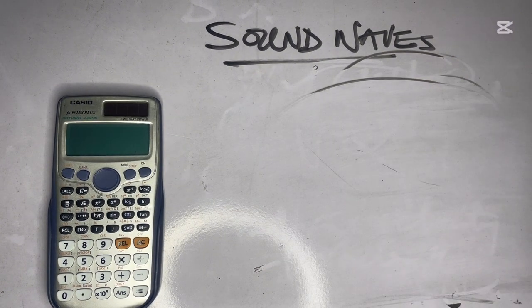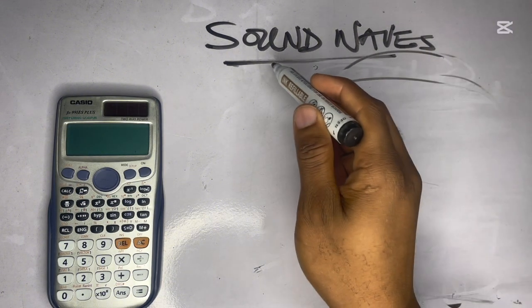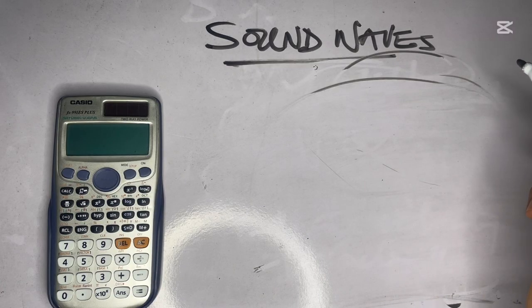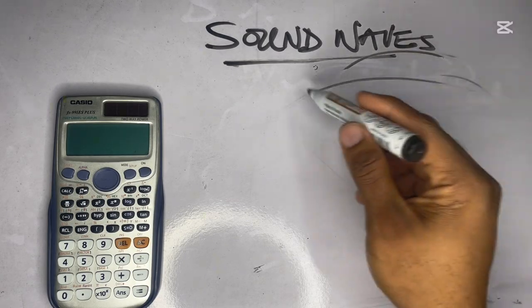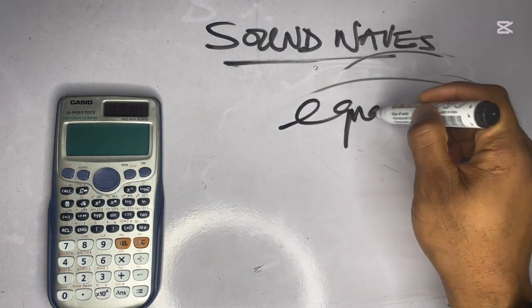Phase velocity is the velocity with which positions of equal phases travel through a medium.